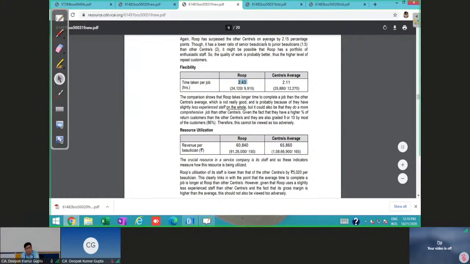That's why we have to link it through our manpower. Therefore, we have computed revenue per beautician. Revenue per beautician is 60,840 in Roop, and in the average centers it is 65,860.